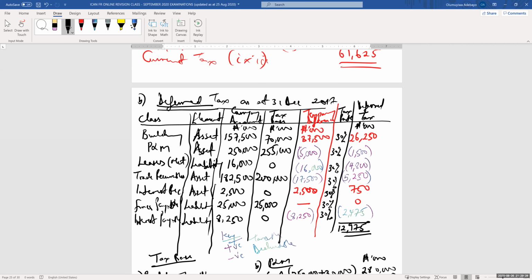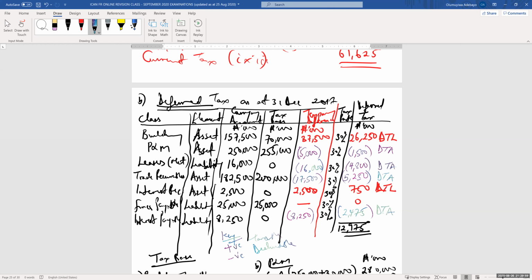Now remember, let me put the signs there vividly for us. Remember, this is a liability. Or let me put it, deferred tax liability. This is deferred tax assets.